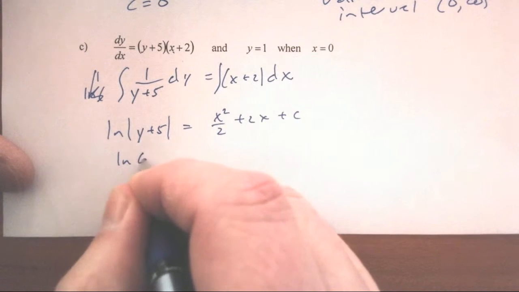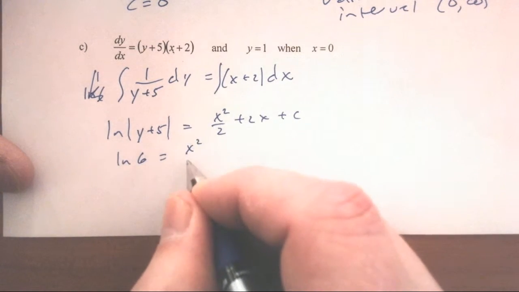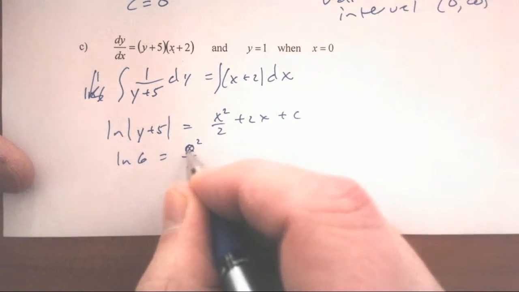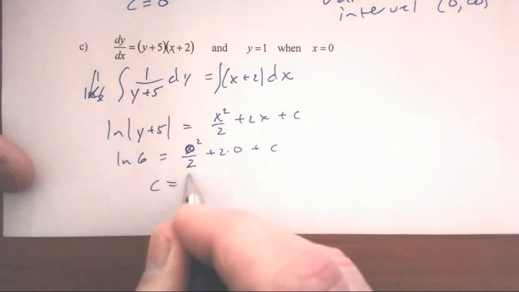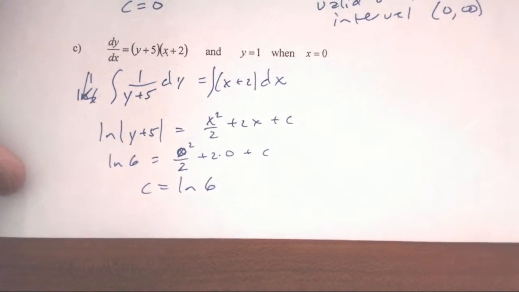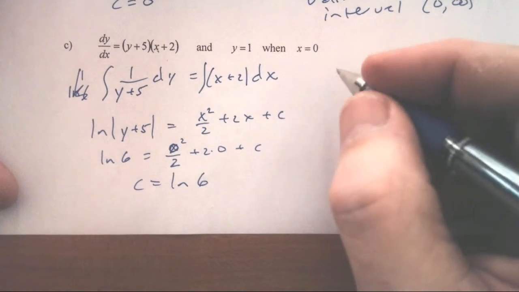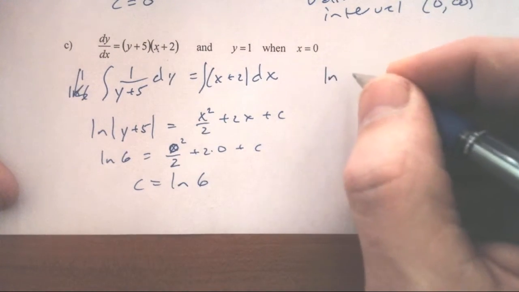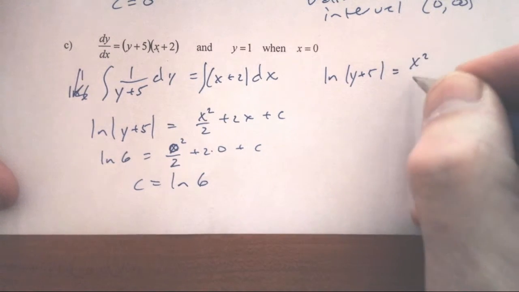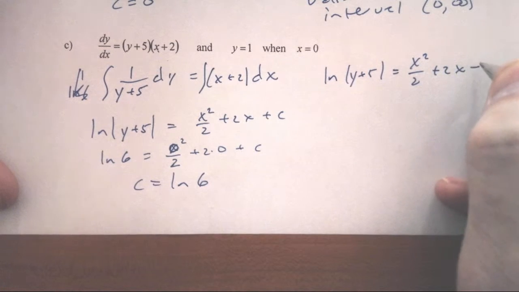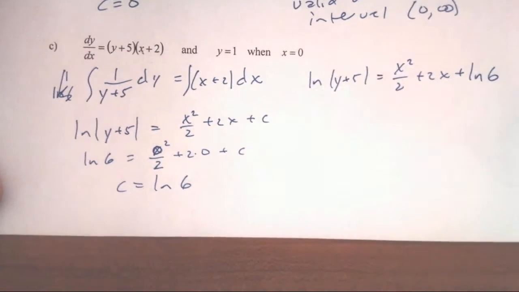I get ln 6 equals x squared on 2 when x is 0 plus 2 times 0 plus c. So c is ln 6. So at this time our equation is ln absolute value of y plus 5 equals x squared on 2 plus 2x plus ln 6.